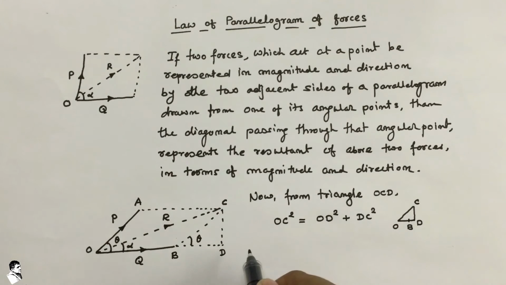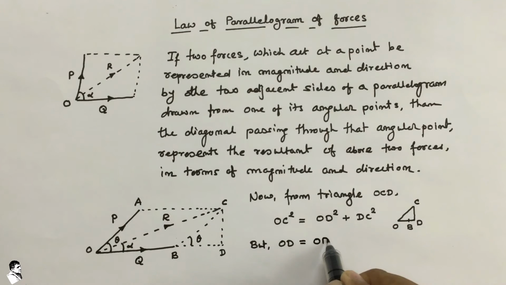Now if we go further, our OD, this line OD, is nothing but a portion of OB plus BD, so we can write that equals OB plus BD.